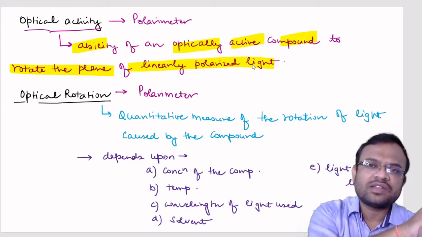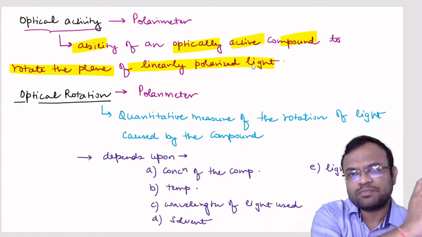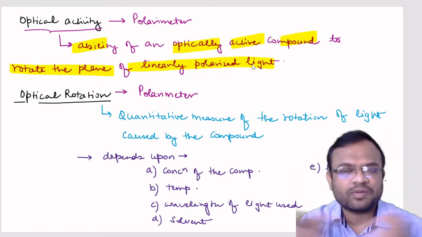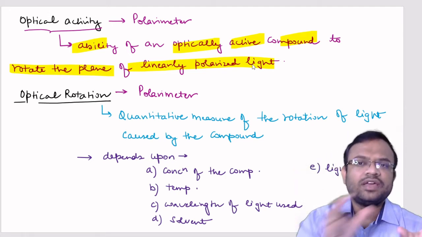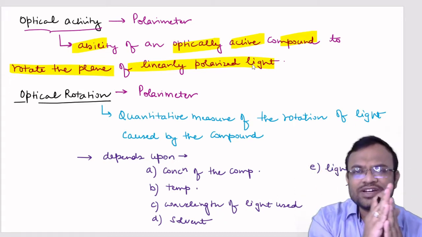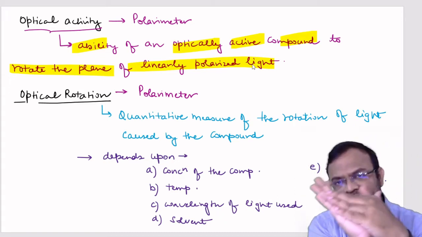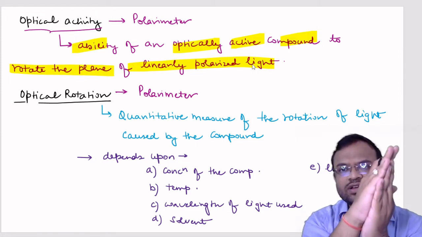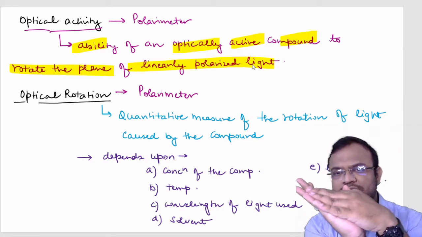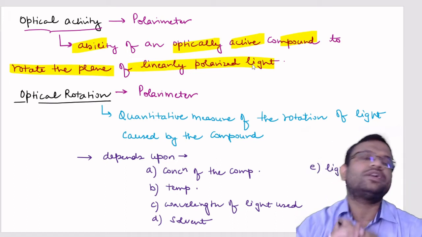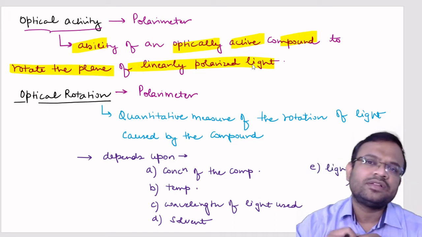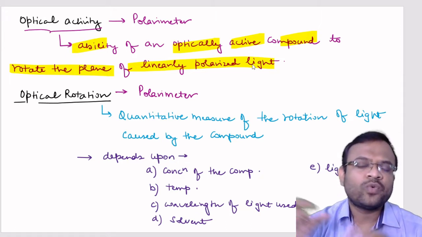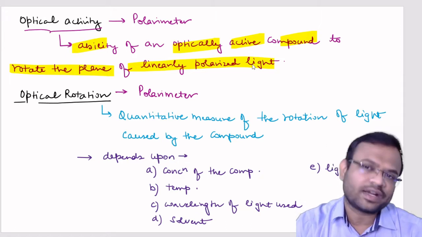When this light is passed through, let us say, a solution of amino acids, and it gets rotated from its main axis, either clockwise or anti-clockwise, then this solution or amino acid would be considered optically active.